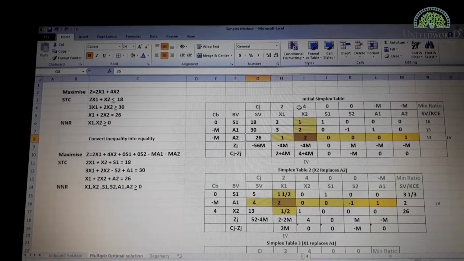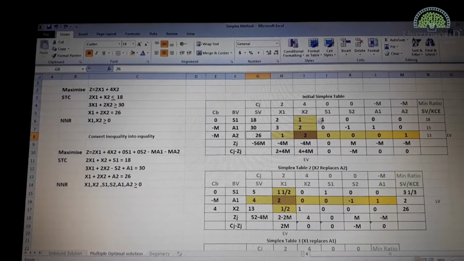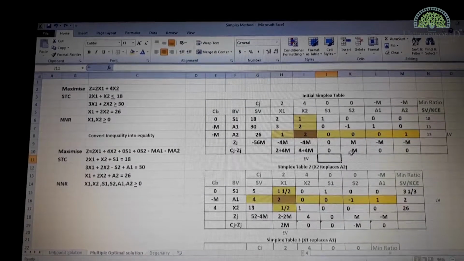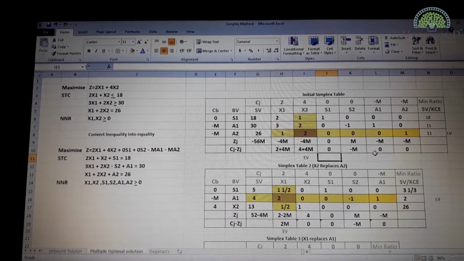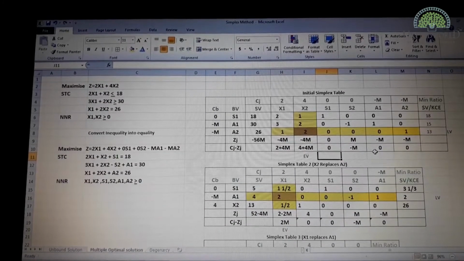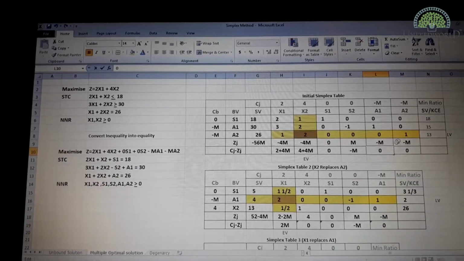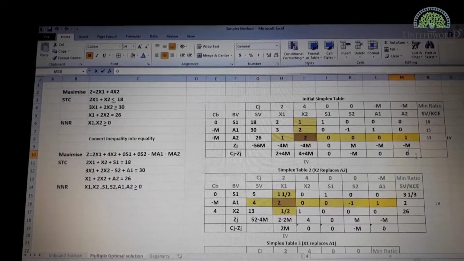The next value is 4 minus of minus 4m, which gives you 4 plus 4m. The next term is 0 minus 0, therefore the solution is 0. 0 minus m gives you minus m. Minus m minus of minus m becomes plus m. So minus m plus m gives you the resultant 0. Similar case with the last column, minus m plus m gives you 0.